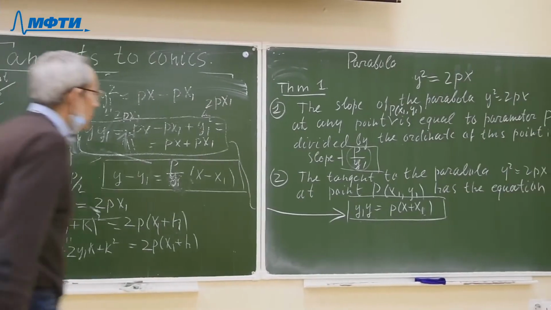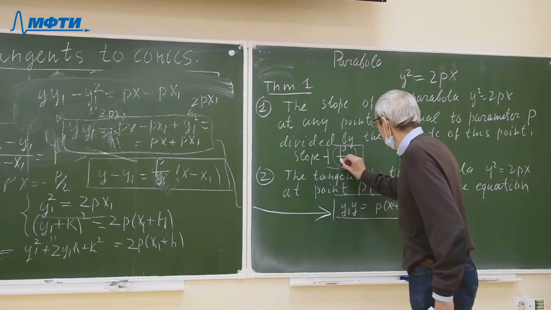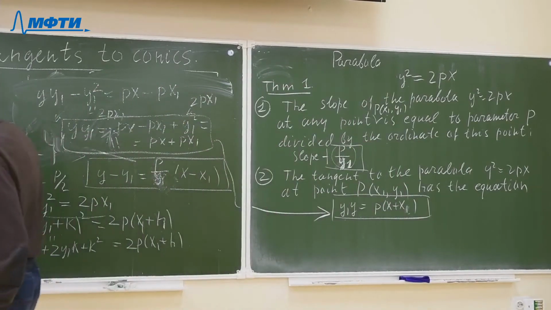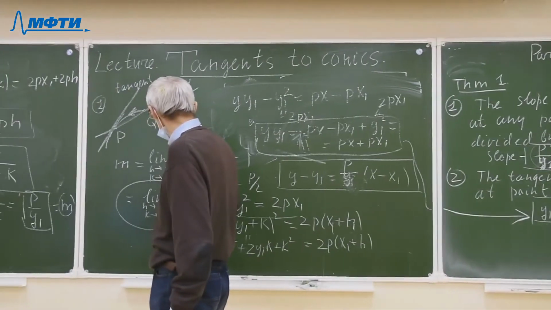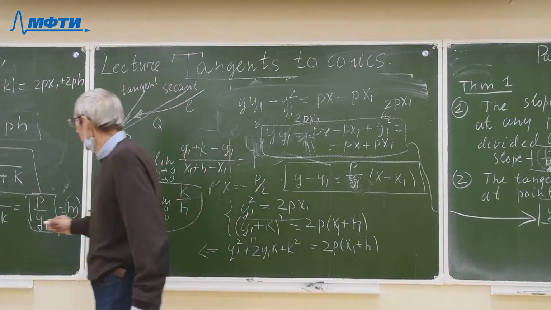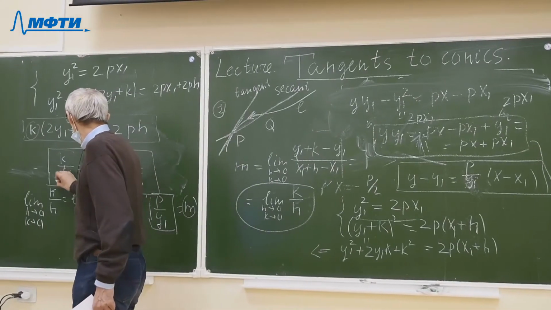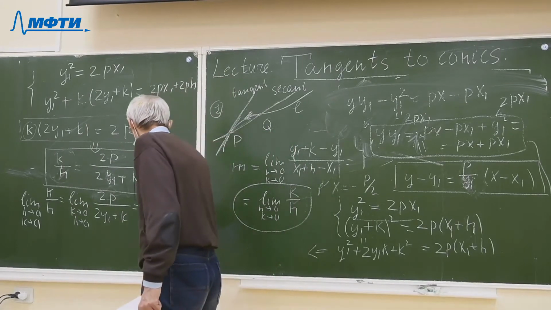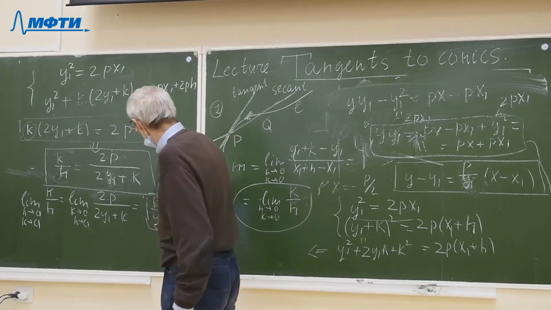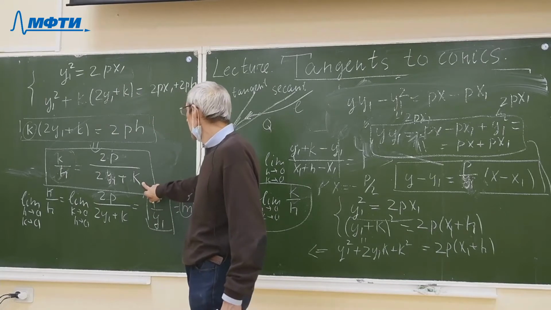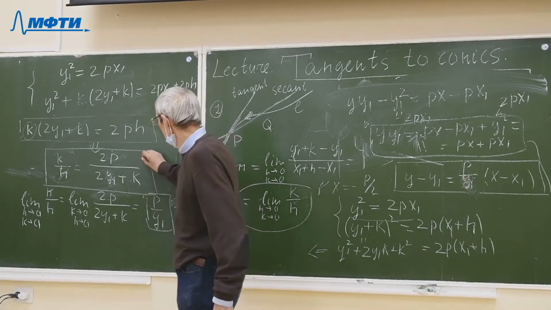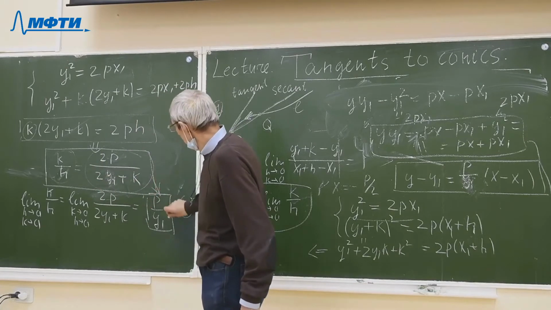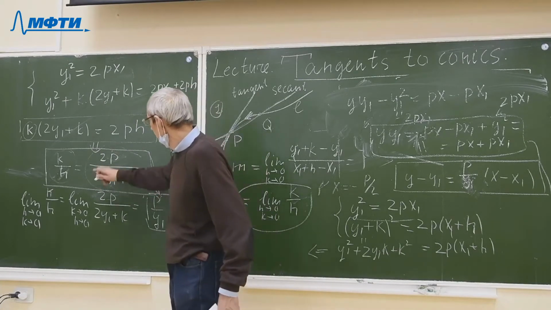The formula for the slope of the tangent straight line, we obtain this formula. When k tends to 0, this formula transforms to this one.